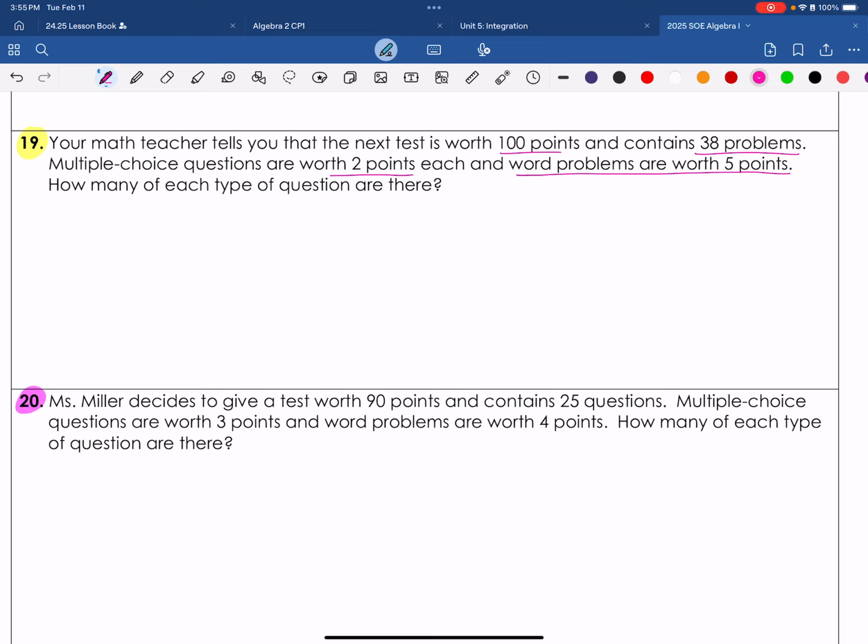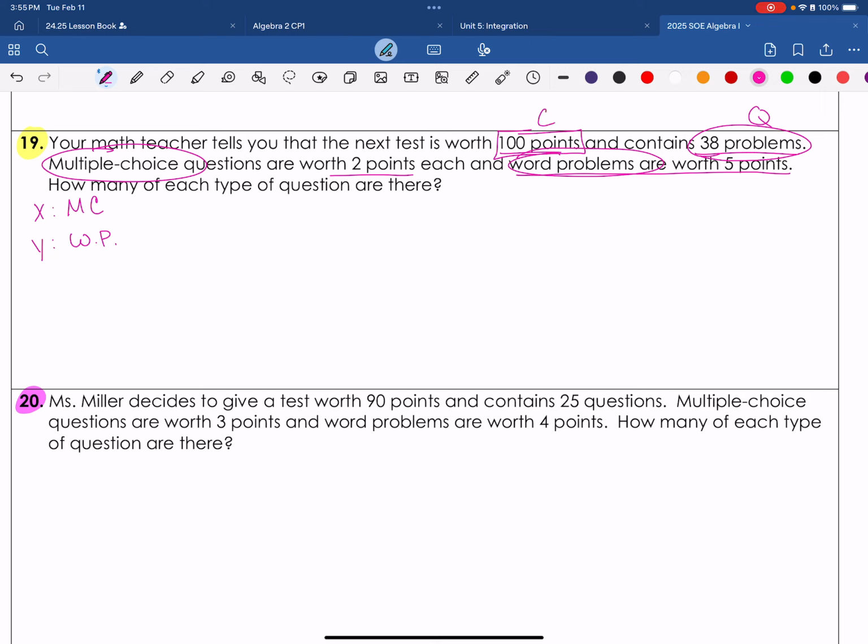So I'm looking for what's different here, and I see that I have multiple choice questions and I have word problems. So X is going to be my multiple choice, Y will be my word problems. It tells you that the next test is 100 points, so that's like my cost equation, and I have 38 problems, so that's like my quantity part.